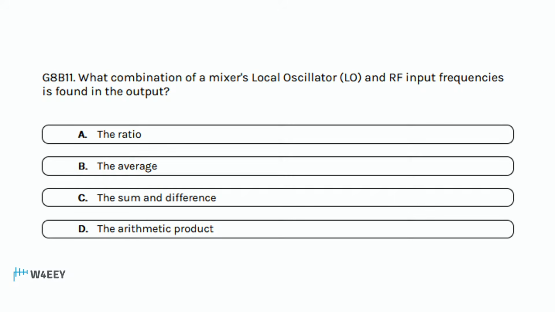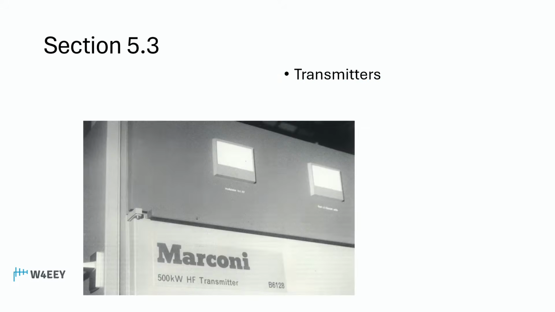So we've got a mixer, C. Yeah, with the sum and the difference plus the original two frequencies, but they don't have that here. But so sum and difference. All right, doing great. Section 5.3 transmitters, and then I think we get to take a break.